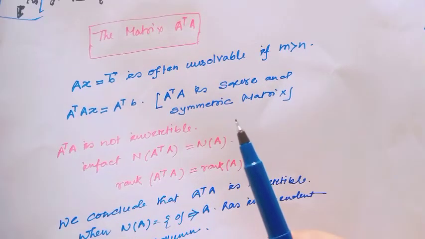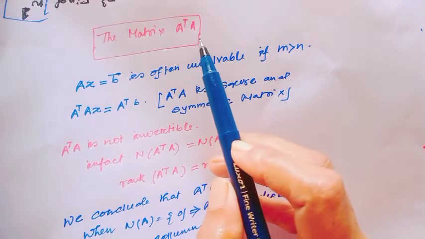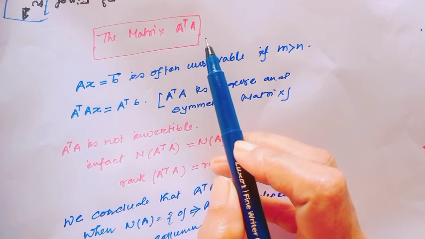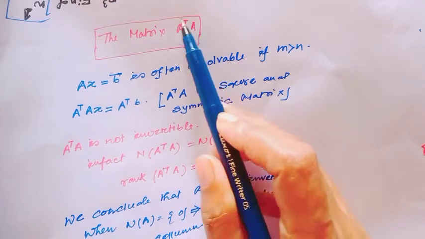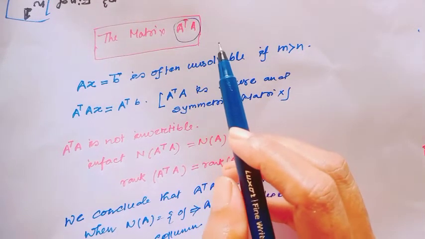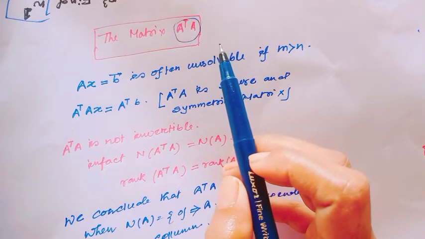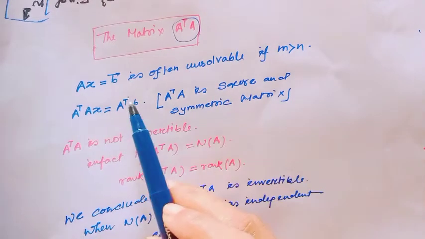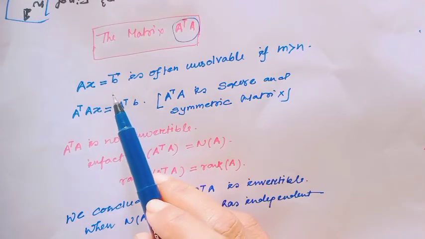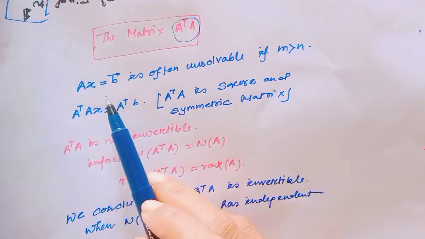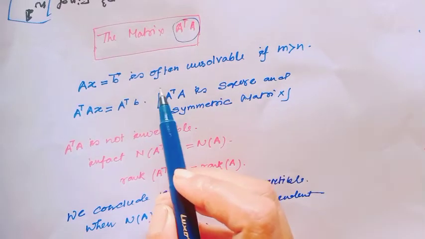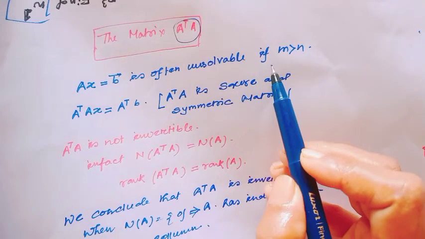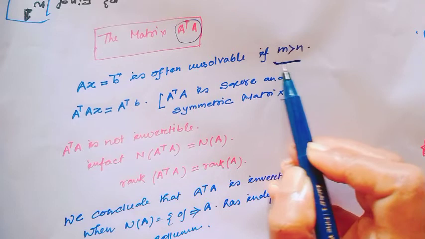Okay. Now I will give one idea about the matrix A transpose A. I will discuss this matrix because this topic is very important for any competitive exam. We all know the non-homogeneous equation Ax equal to b is unsolvable if m is greater than n.